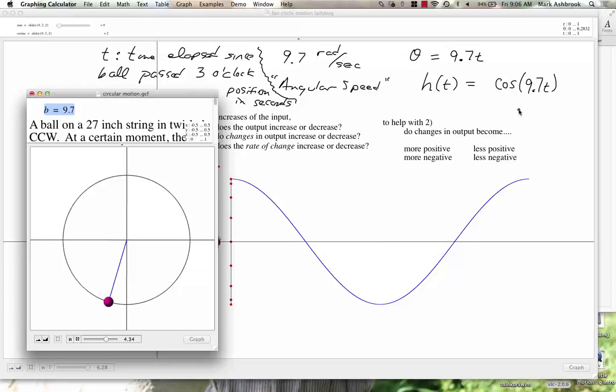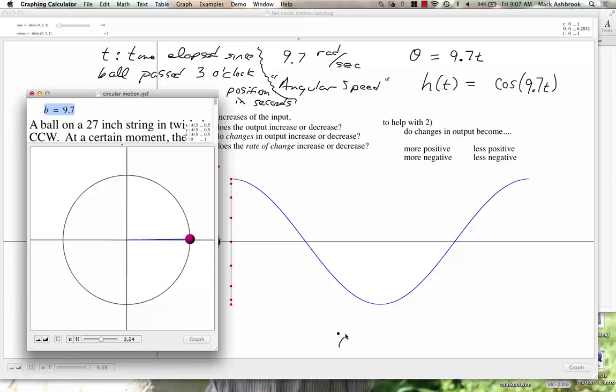Is it a measure of the angle theta? Or is it a measure of output? Is the period going to be a value of input, or of angle in this case, or of output? It's input, okay? So it's the interval of input.